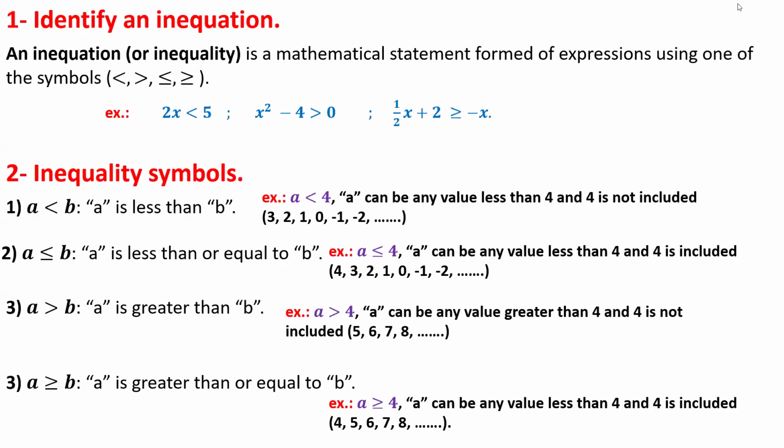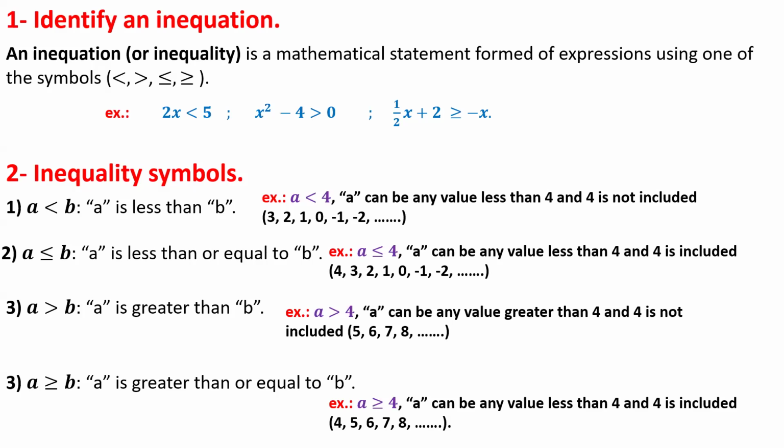Identify an inequation. What's an inequation in math? We have studied equations before. As you still remember, when I talk about an equation, I'm talking about a mathematical statement with two sides and an equal sign in between.